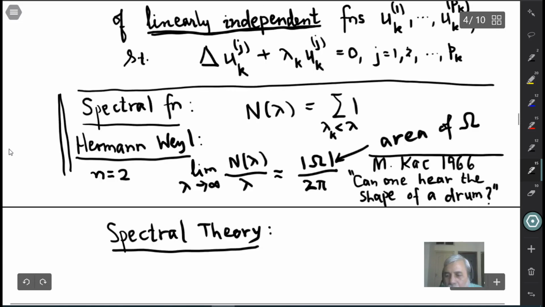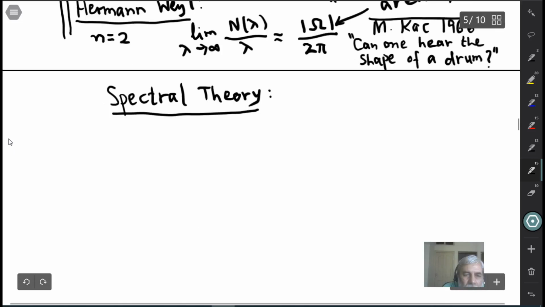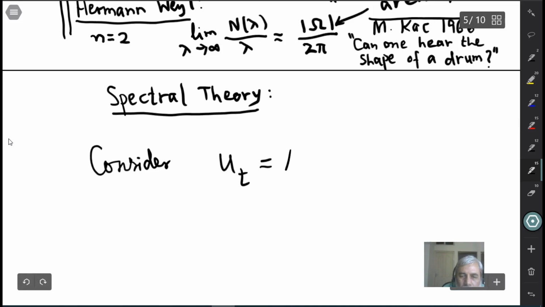Okay, so where do you use this spectral theory? Okay, so consider these evolution equations. Again, I am being quite vague here. In a Banach space or Hilbert space.